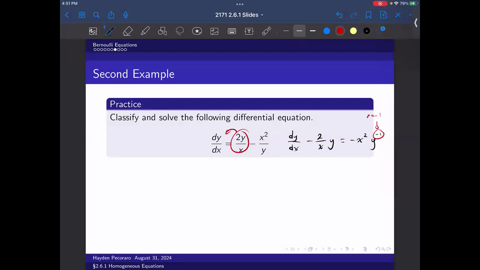And standard form for Bernoulli tells me that actually it's blue. That's p of x, blue. And that's q of x. Okay.